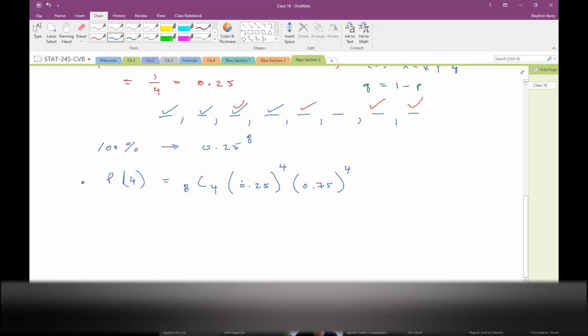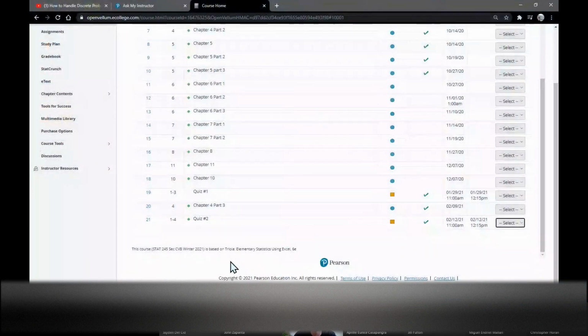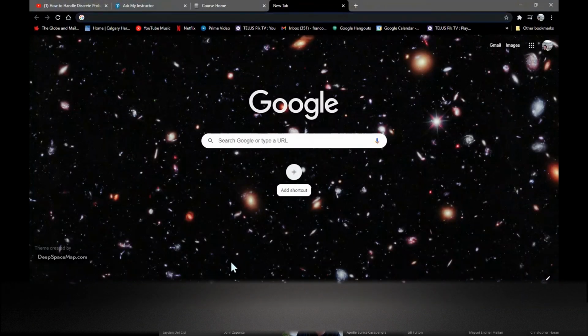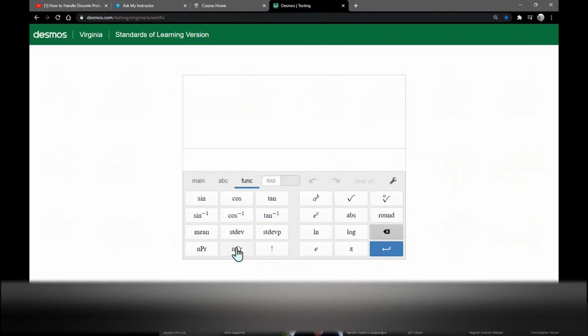And you can do this in your calculator. And in the old days, you would have to, right? Again, this is one of the advantages of COVID and distance learning and open book, is that you can use Excel for everything. But in the old days, you'd have to use your calculator, and you'd have to go 8 choose 4, and you can do this like that.